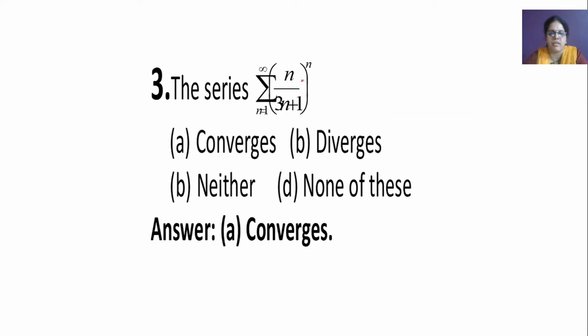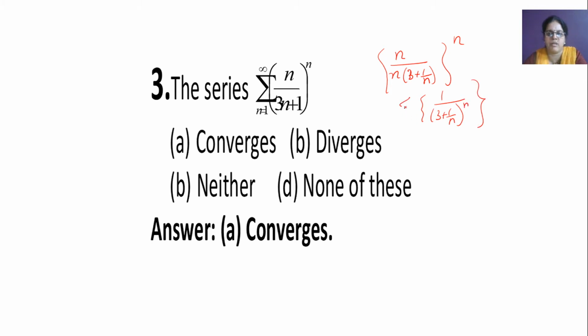Then sigma n power n by 3n plus 1 power n. So this way we can actually simplify this problem using the root test. Anyway, this is n divided by n into 3 plus 1 by n, whole power n. N cancels, so this is 1 by 3 plus 1 by n power n.